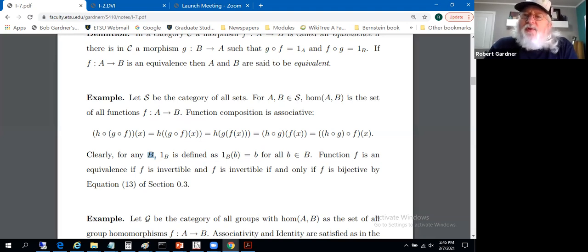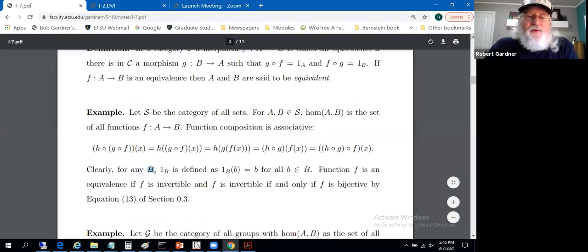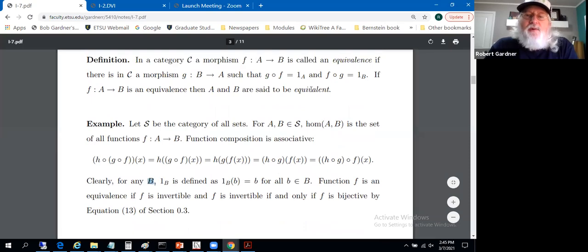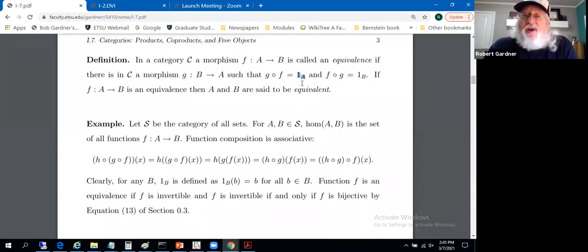In terms of equivalence for sets, we'd have equivalence if we could do a composition and get these things here. In the set theory setting, these things here are identities. And by the way, that's the same notation that Hungerford was using for an identity function on set A in the past.